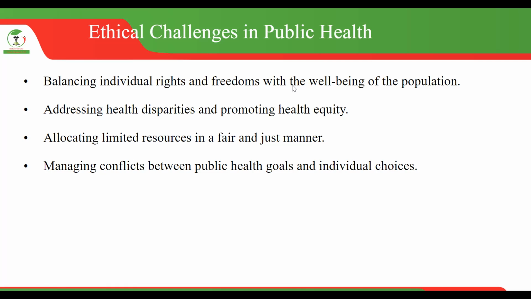Okay? So for example, a person who makes a choice to drink or smoke, let us say smoking, you can't be smoking everywhere because it is your choice. Because if you're going to smoke everywhere, it means you're going to affect other people who are not smoking, and that has health implications. So there should be a balance between managing individual choices, that if you want to smoke, you can smoke, but don't smoke at the expense of the health of others.